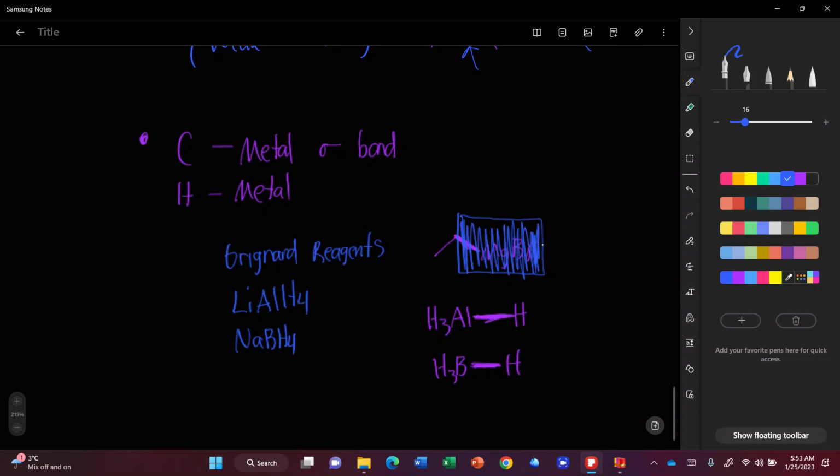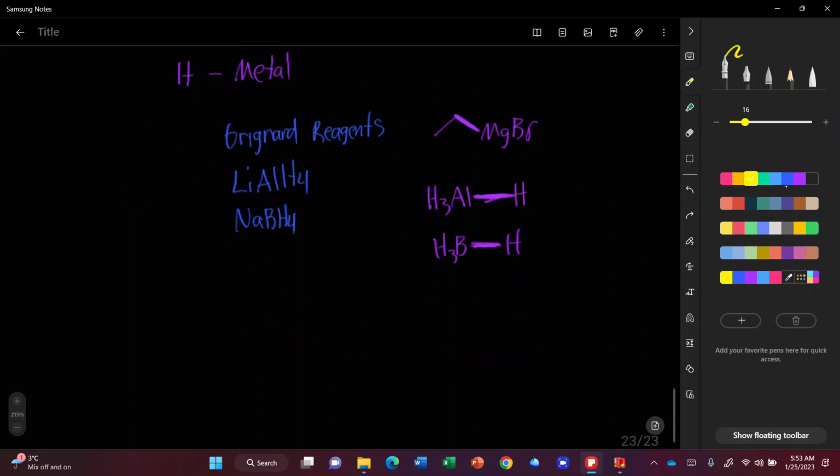Just pretend that that part of the molecule doesn't exist, and then put a lone pair and negative charge on the remaining part of the molecule. If I had this molecule right here with MgBr, you know that this sigma bond is the actual nucleophile, but sometimes it can be confusing thinking of a bond as a nucleophile. So if that's confusing to you, take that molecule and just pretend that that bond to MgBr doesn't exist.